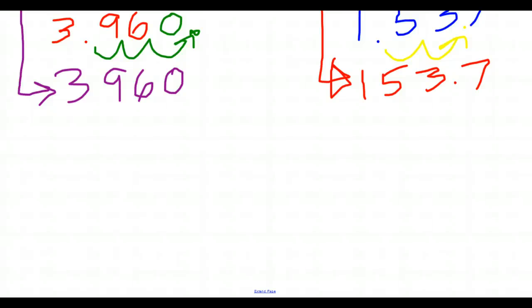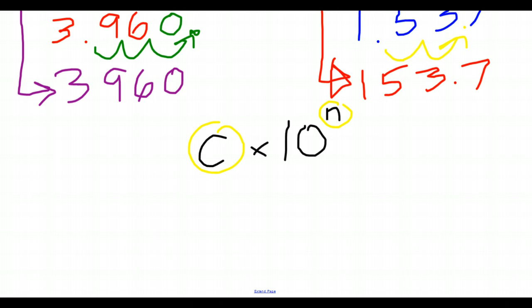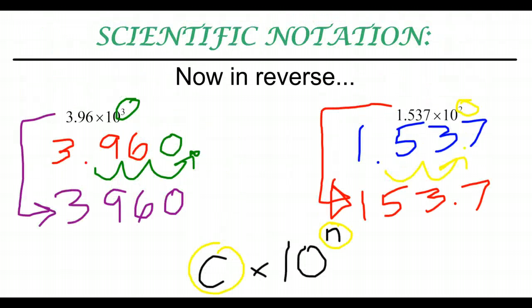We have two parts of a scientific notation number. We have a number between 1 and 10, represented by c, and that is then multiplied by 10 to some power n. So in order to write it in scientific notation, we need to figure out what is c and what is n. Now, c is some number, and if you haven't recognized it from the previous video lesson, this number c, which in the case of the first example is 3 and 96 hundredths, needs to contain all the digits of our number.